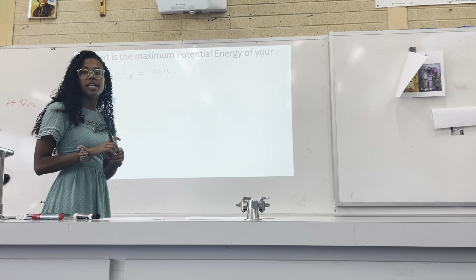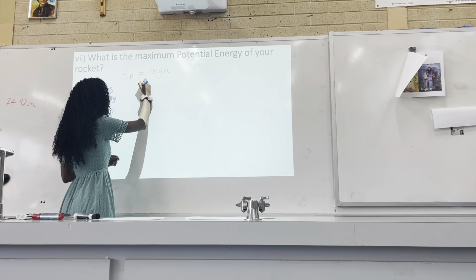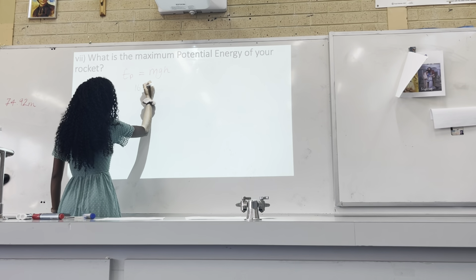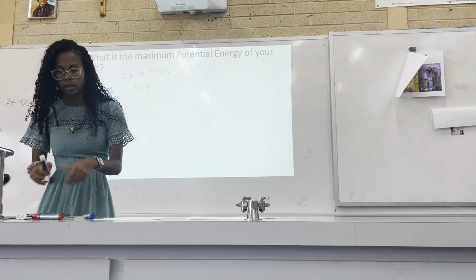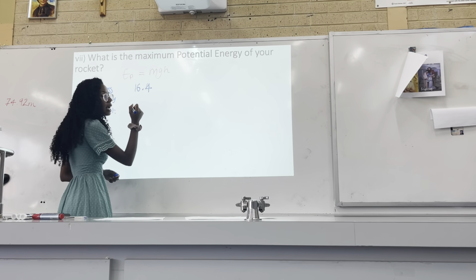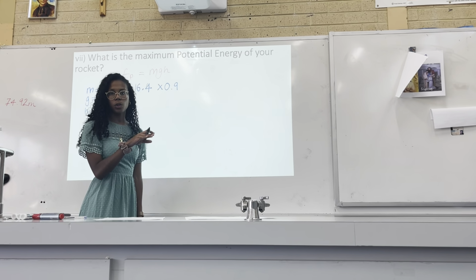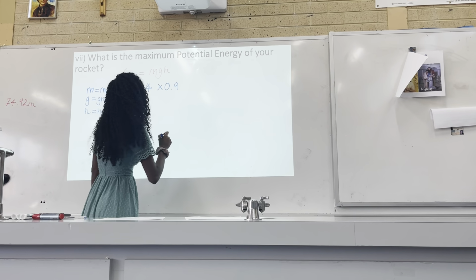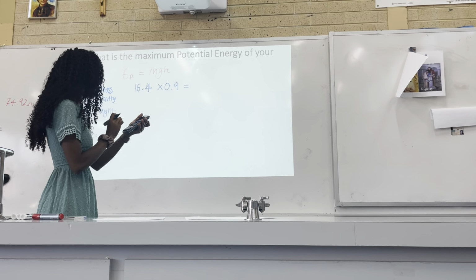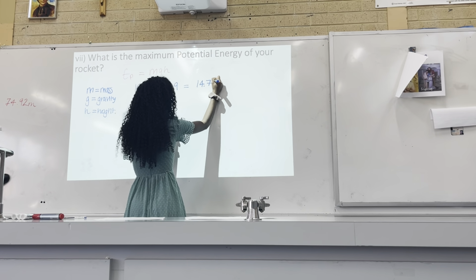So if we use the percentage, the mass of just the motor, which is 16.4, all right, and we multiply that by 0.9, and multiplying it by 0.9 will take away that 10%, we will get, let me work it out, 16.4 multiplied by 0.9 gives us 14.76, okay?